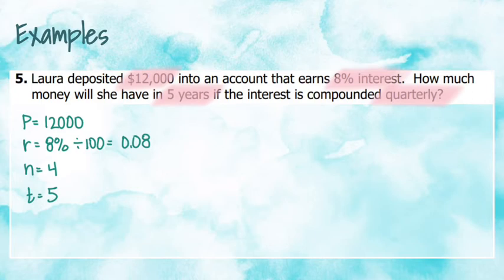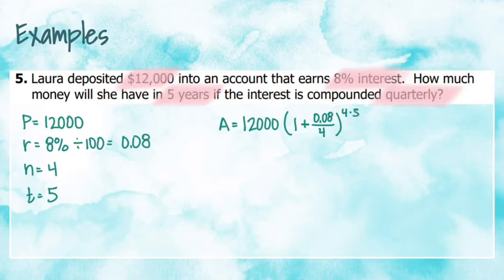It wants to know how much money will be in the account. And that is what our equation is used to find. This A value, that's how much money is in the account after however many years that we're doing. All right, so this equation is going to be 12,000 times 1 plus R over N, to the N times T power.